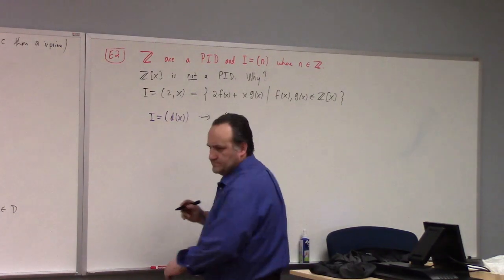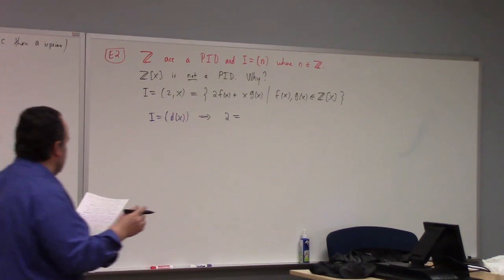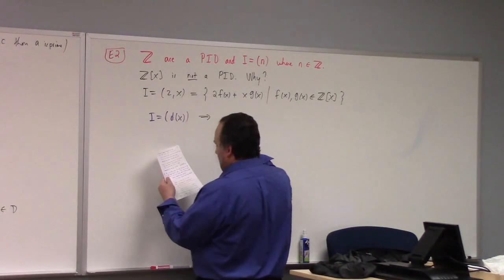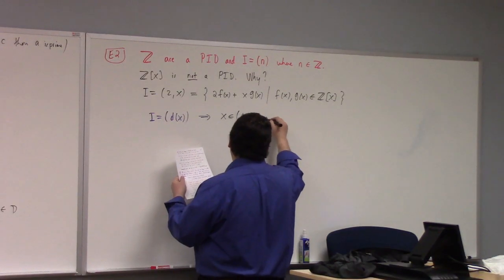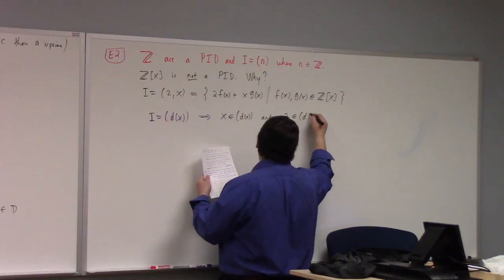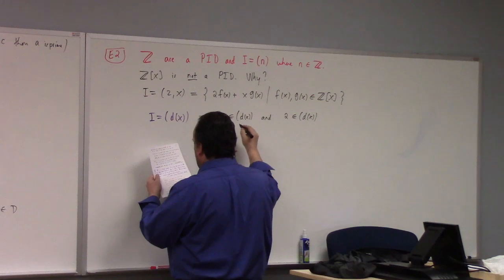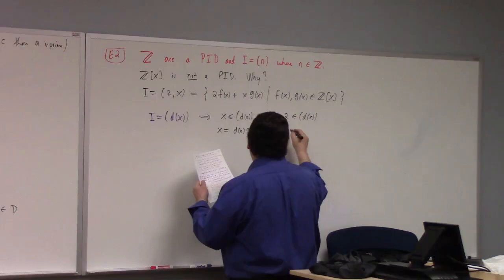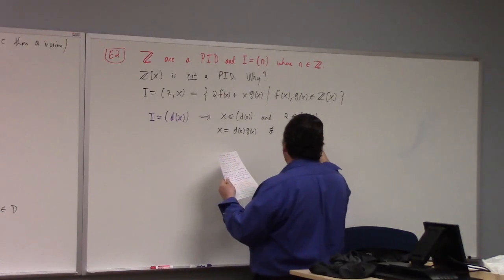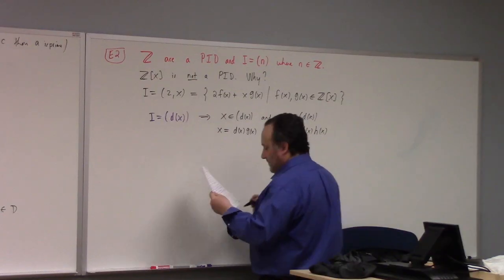If it's generated by d, then x is in here, and 2 is in here, right? Which means that x can be written as a multiple of d of x times some g of x, and likewise, 2 can be written as d of x times some, let's say, h of x.